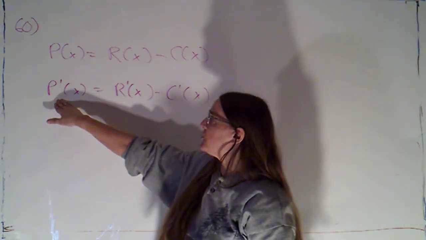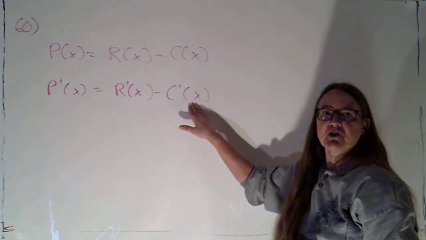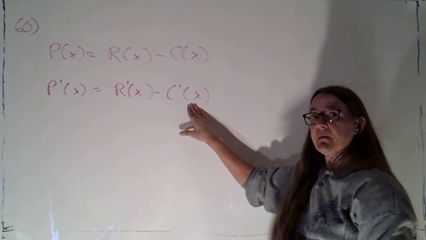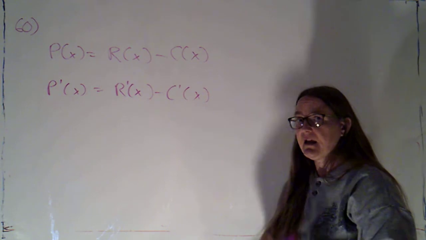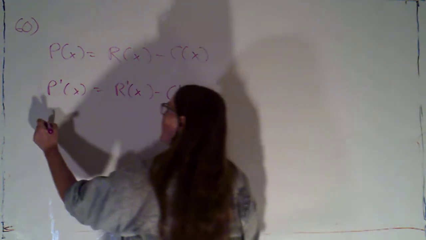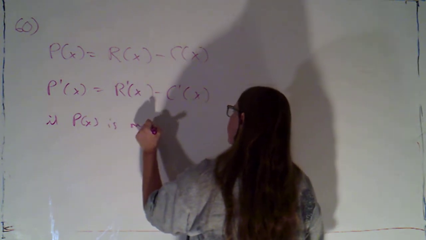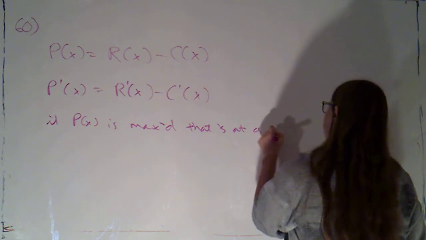So the marginal profit is the marginal revenue minus the marginal cost. If profit is maximized, now without a specific function, I'm not going to have the tools to be able to see whether I'm getting a max here, but if profit is maximized, that's at a critical point, at a critical number.